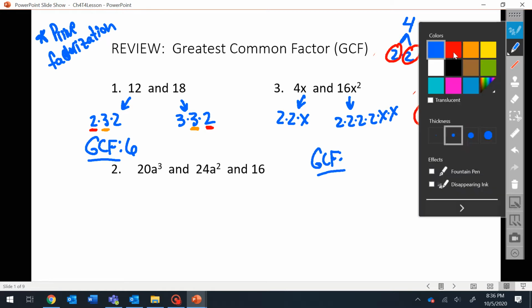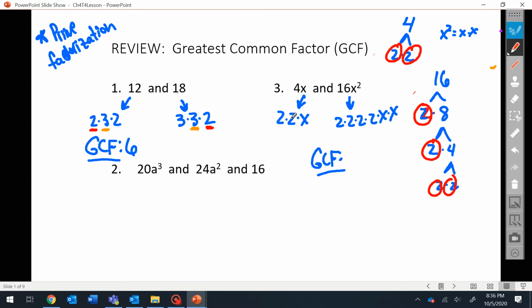If I look at the lists of what they have in common, they both have a 2 in common, they both have another 2 in common, and they both have an x in common. So the GCF is going to be 2 times 2 times x, or 4x. So the GCF of number 3 is 4x.